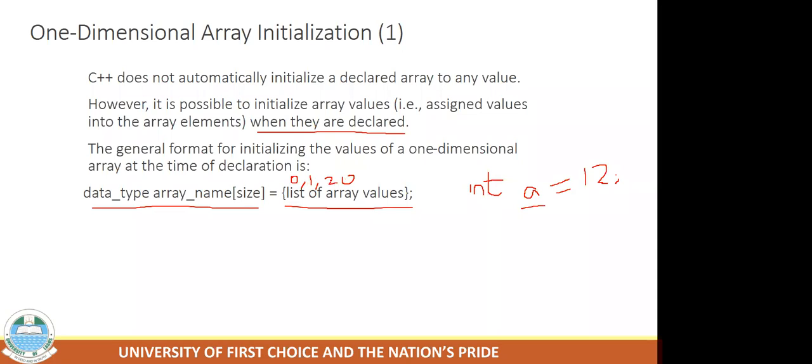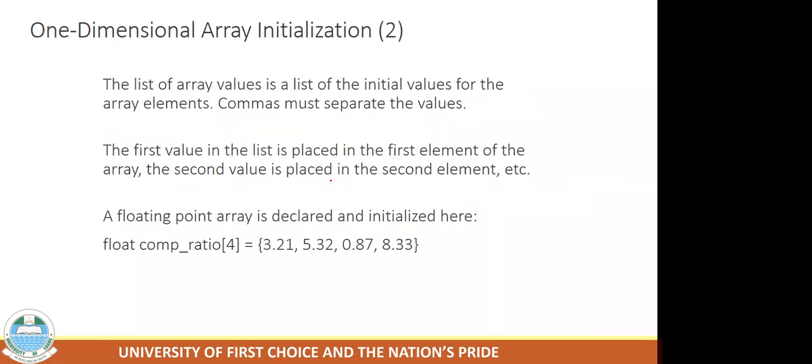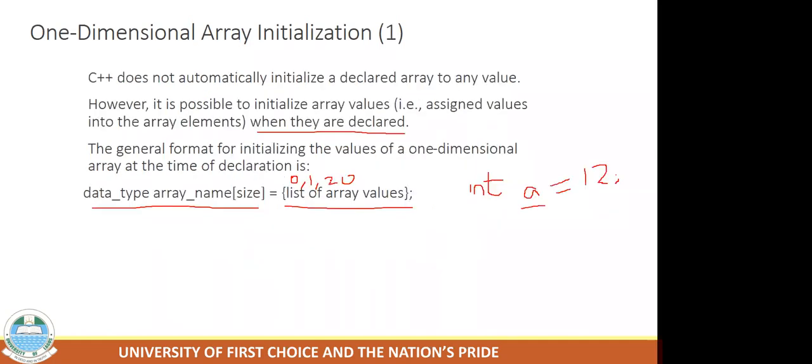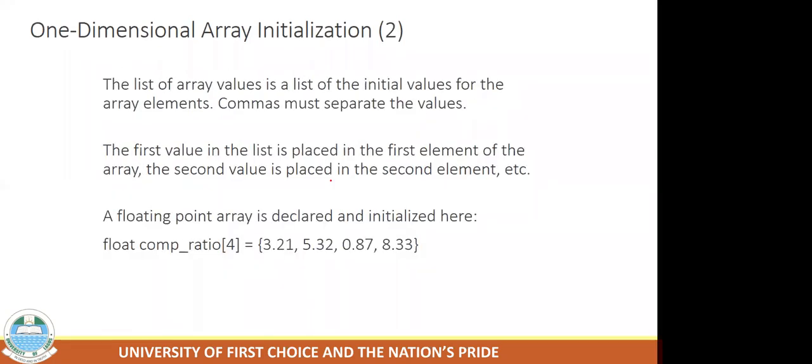The list of array values is a list of the initial values for the array elements. Commas must separate the values, so it must be a comma-separated list. The first value in the list is placed in the first element, the second value is placed in the second element, etc.